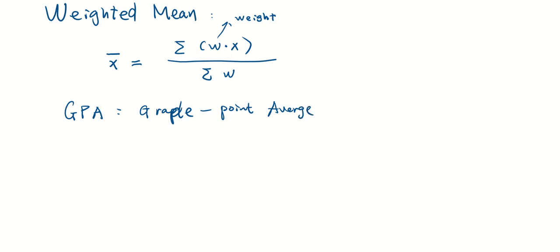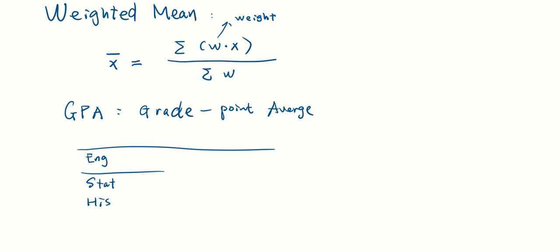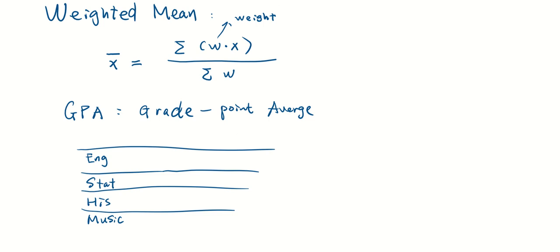Say I'm taking several classes, right? I'm taking, say, English, stats, I don't know, history, music, for example. Okay, so I'm taking these 4 classes, and I want to find the GPA.